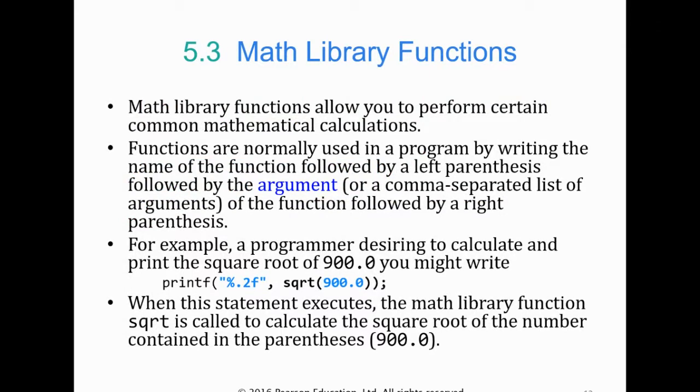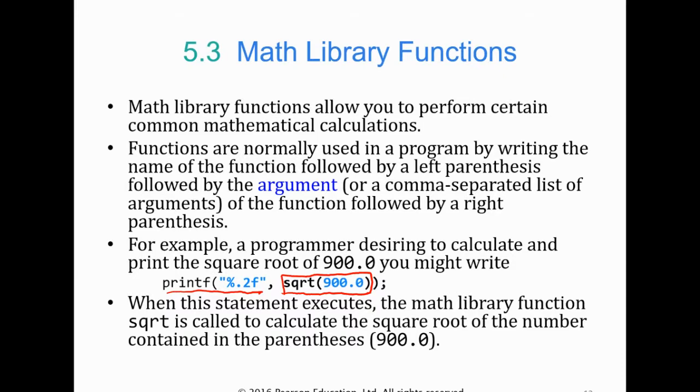Now, here is one example which actually shows you a function calling another function. In this case, we have a printf function, which wants us to print a certain string. Basically, we wanted to print a floating point number with 2 decimal precision. Now, what does this do? Over here, in this argument, we are calling an sqrt or square root function, which is part of the math library.